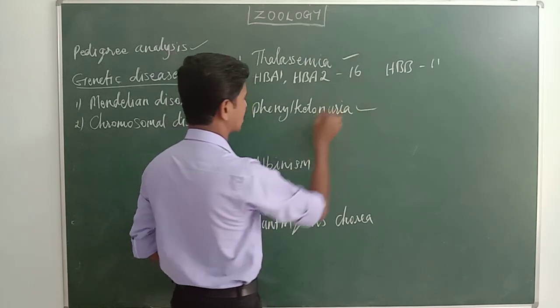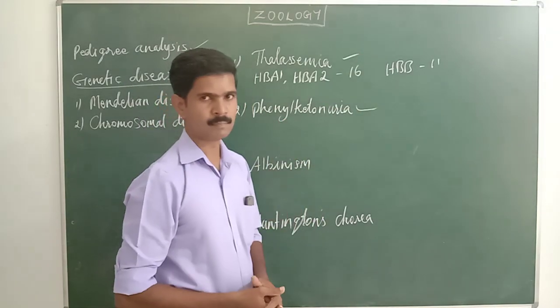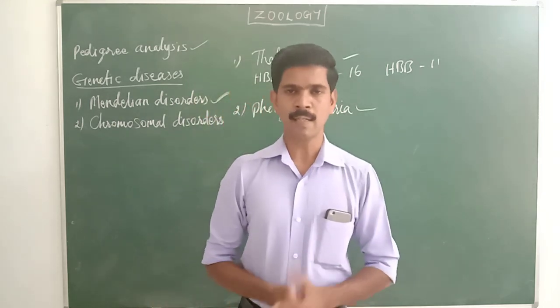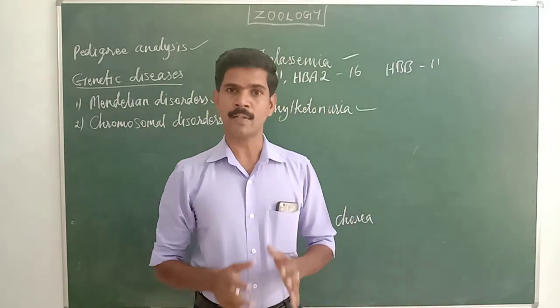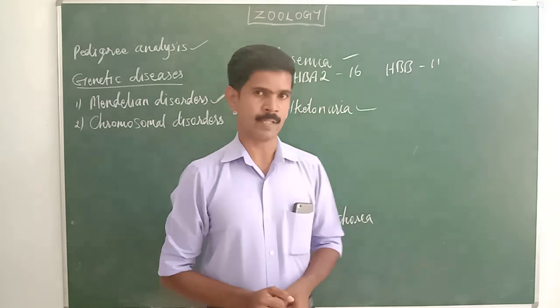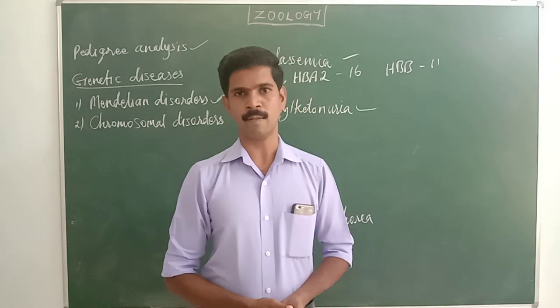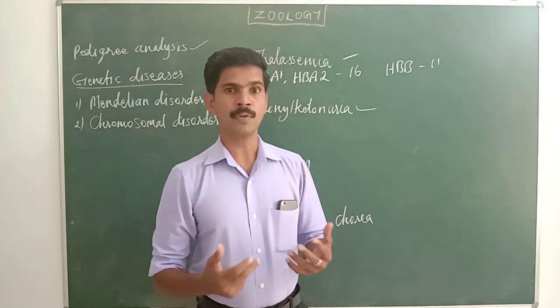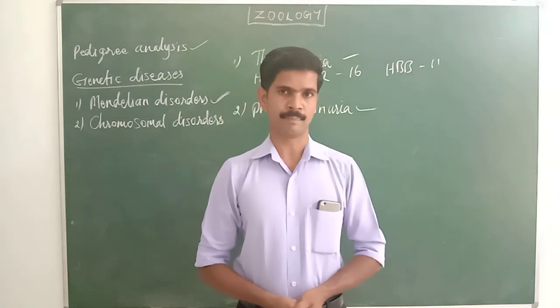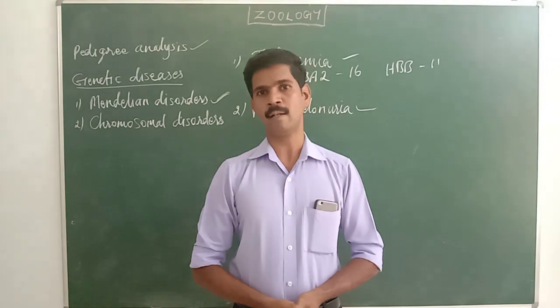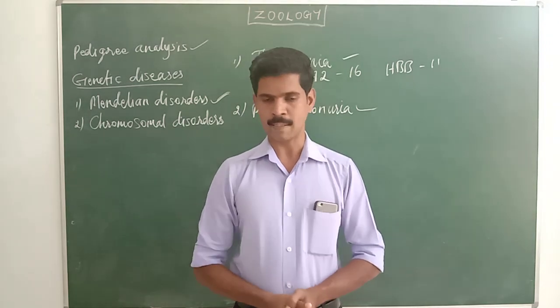The second disease is phenylketonuria. Phenylketonuria is a genetic disease due to an autosomal recessive gene. It is an inborn error of phenylalanine metabolism. Understand? So listen very carefully.